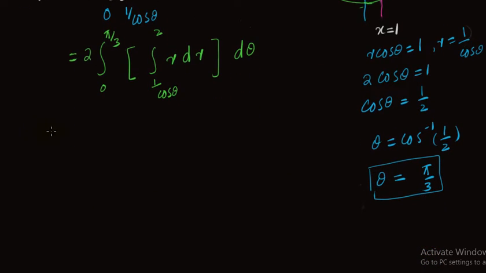Now this is equal to 2 times integration from 0 to pi by 3 of r dr, and integration of r dr is r square upon 2, and variation of r is from 1 upon cos theta to r equal to 2, d theta.